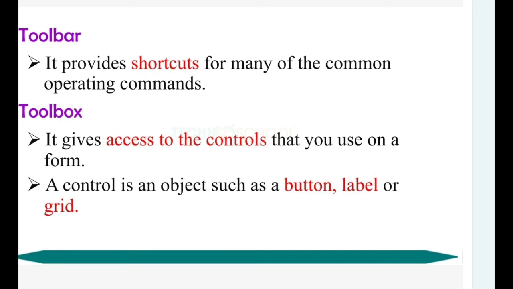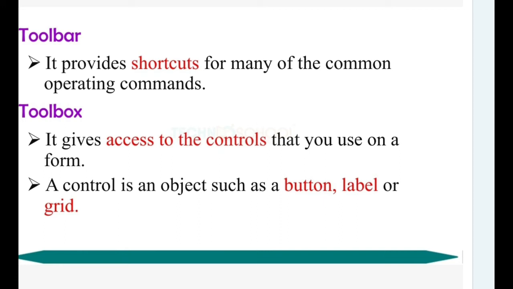In the toolbox, we have a list of the tools available in a VB application: label, command button, text box, timer control. The toolbar is the shortcut. At the top of the screen you can see toolbar shortcuts for many of the operating commands. When you create applications, you can use the shortcuts to run your applications. So this is the toolbar and the toolbox.